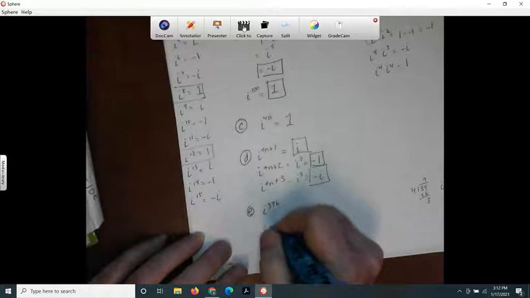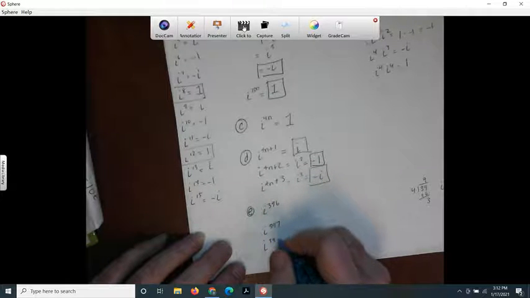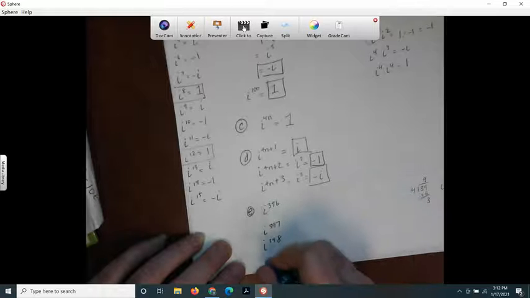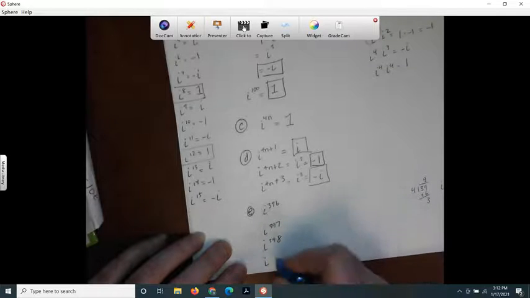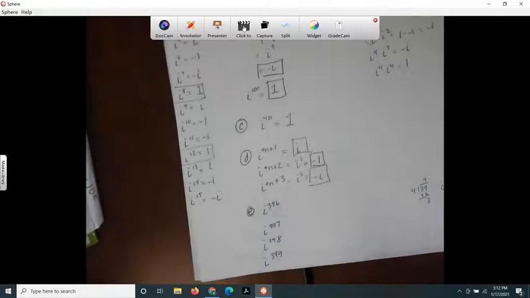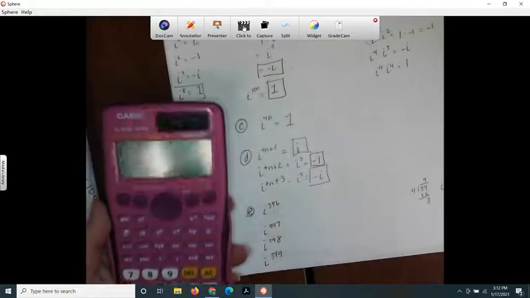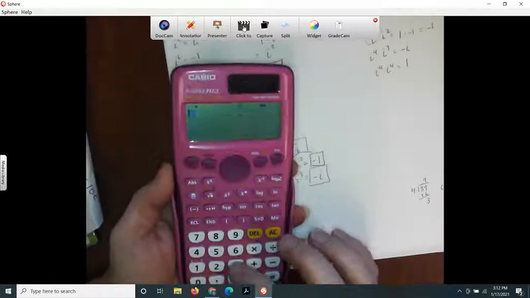So the way I'm going to do this is I'm going to see how many times 4 goes in. I'm going to see if that's divisible by 4. And this time I'll just use my calculator. So 396 divided by 4. Okay, 4 goes into 396 evenly. So I know that this has to be 1.